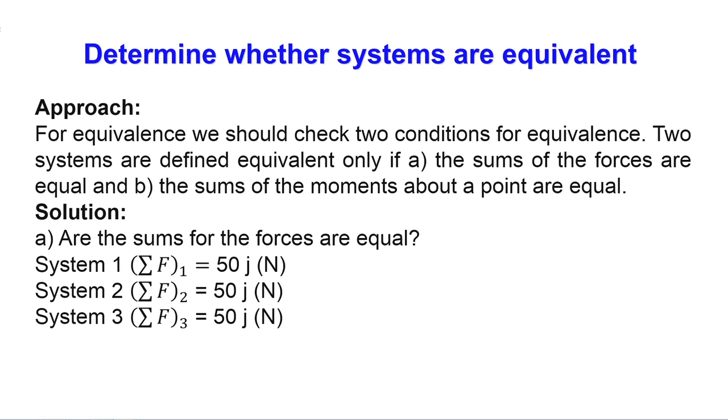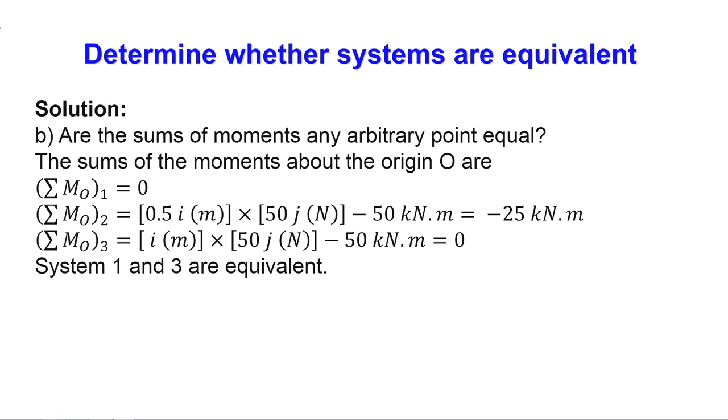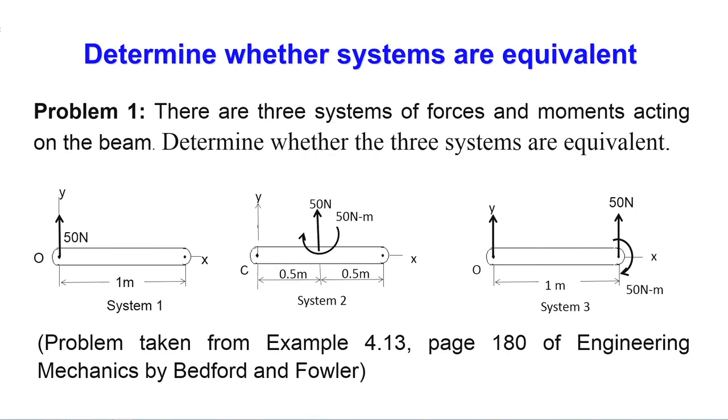Next, the condition for moment we have to see. For the first case, if we look at the figure, when you take moment about O, the 50 Newton force is passing through O. So, its moment is 0.